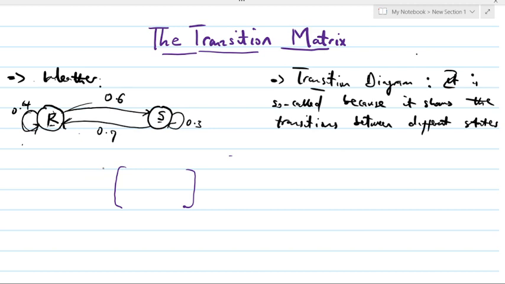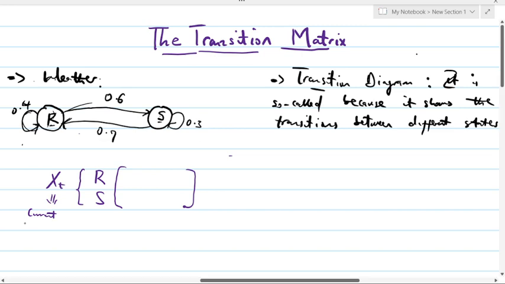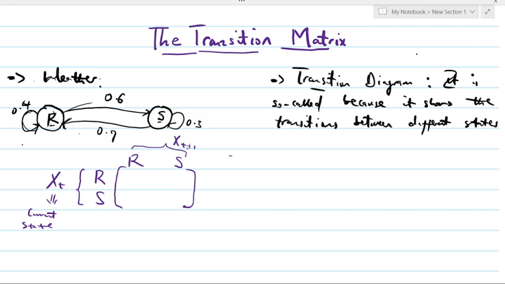You list your current state here, the two states we have, raining or sunny, and that denotes your current state, X subscript t. Your future state will also be R and S, and we denote this as X subscript t plus 1. This here we call your future state.